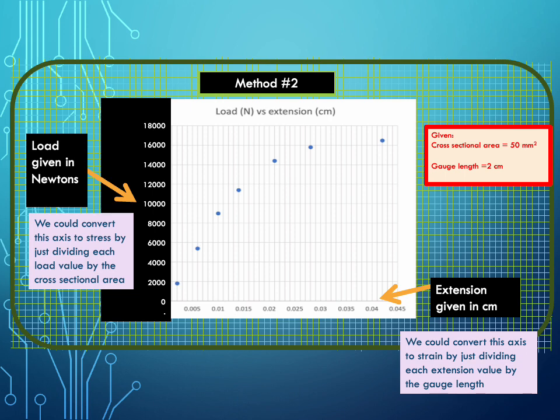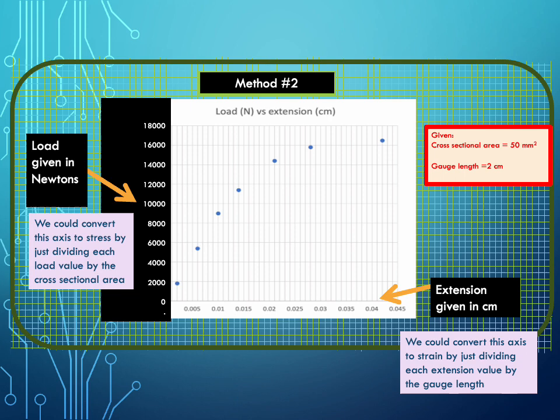And so I could just keep the data points on the graph and leave them as they are. If I can change the y-axis to be stress instead of load and the x-axis to be strain instead of extension, then I could go with that straight away.